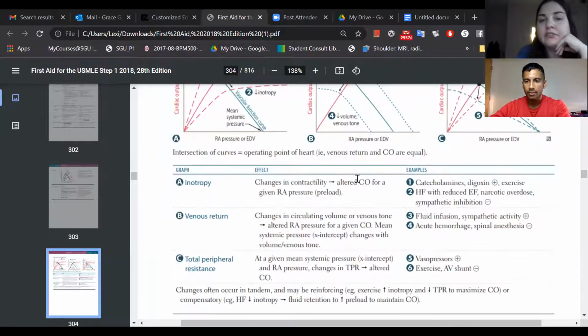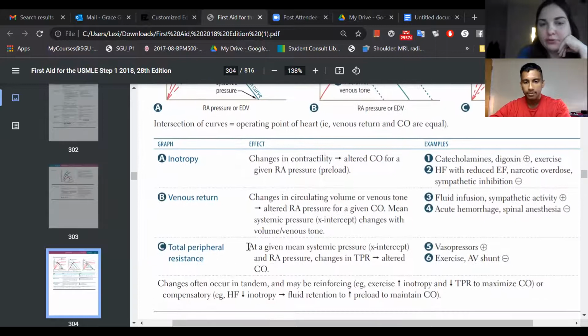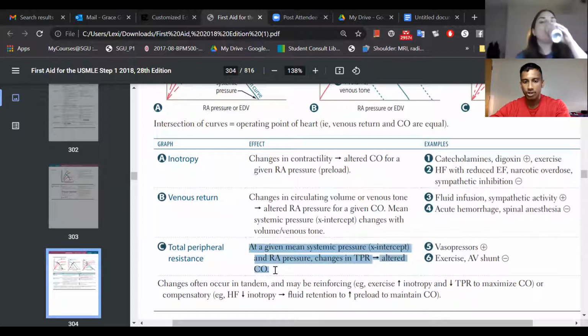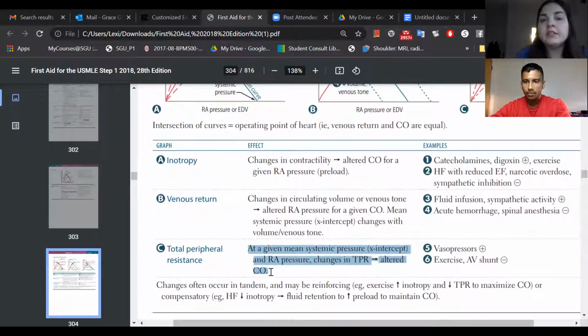Okay, so let's read what it has here for total peripheral resistance. So at a given mean systemic pressure and right atrial pressure, changes in total peripheral resistance lead to altered cardiac output. Okay, so if we change the resistance, we will change the cardiac output. That's all. Okay.